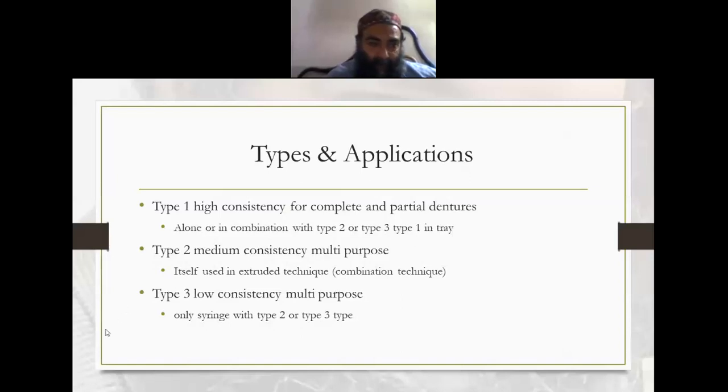Is it clear? Yes. Type 1 material can be used in tray form only, type 2 can be used in tray form and with the syringe, and type 3 only with the syringe. Type 1 has the highest consistency, type 2 has medium consistency, and type 3 has lower consistency.